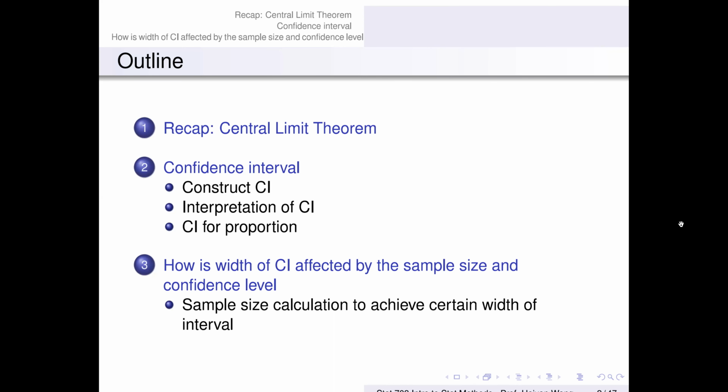And we will also try to see what kind of factors affect the confidence interval, including the width of the interval, and also if we want to have a desired width of the interval, what sample size is needed to guarantee that.